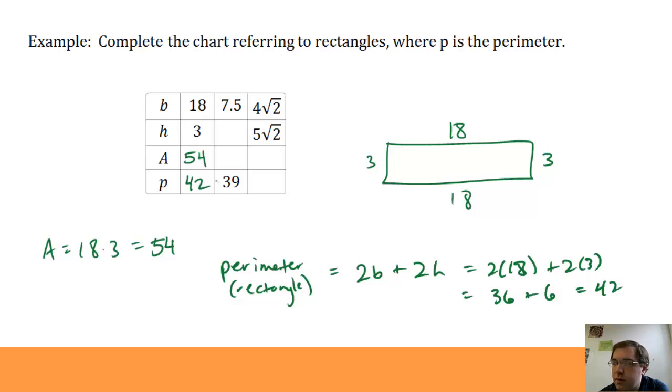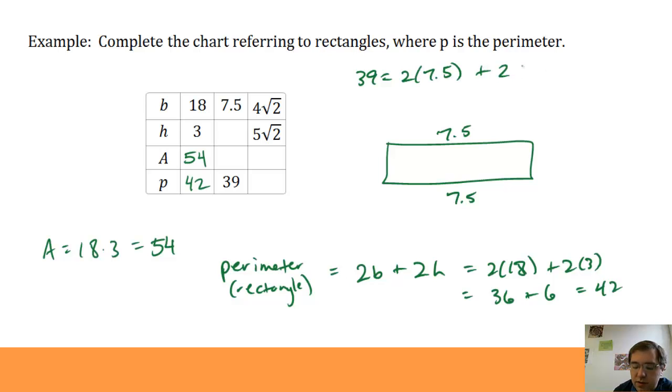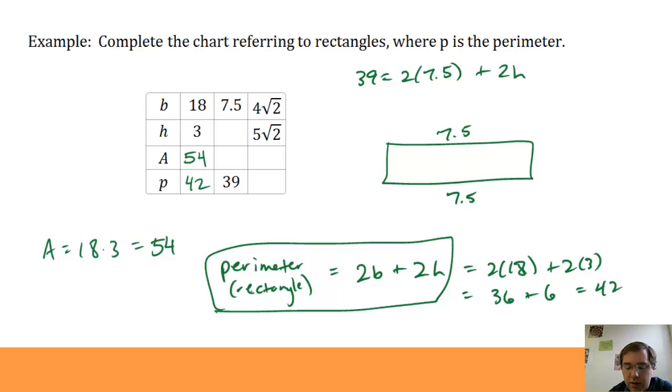What if, and each column is a separate problem, what if the base is 7.5 and the perimeter is 39? So we've got 7.5, 7.5. The perimeter is 39. That means 39 is going to be 2 times 7.5 plus 2 times the height, whatever the height is, using the same formula I just used for the perimeter down here.